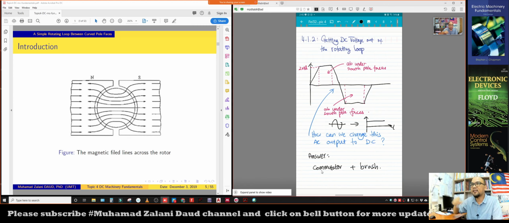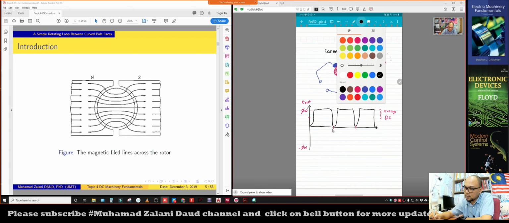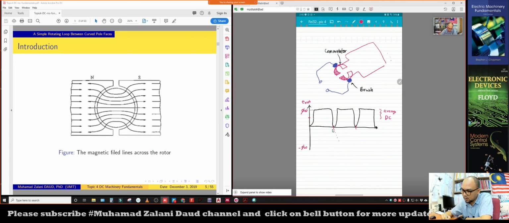It rotates and is designed in such a way to transform the voltage waveform from AC, which is initially something like that, and this part is diverted because of this commutator.